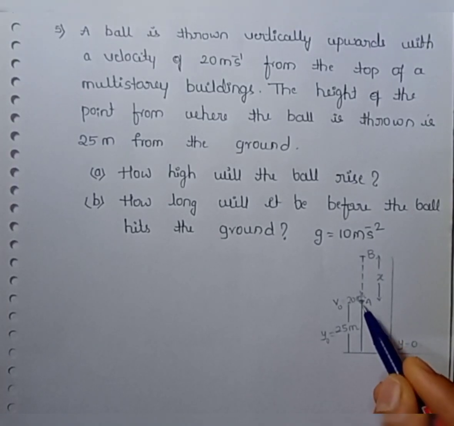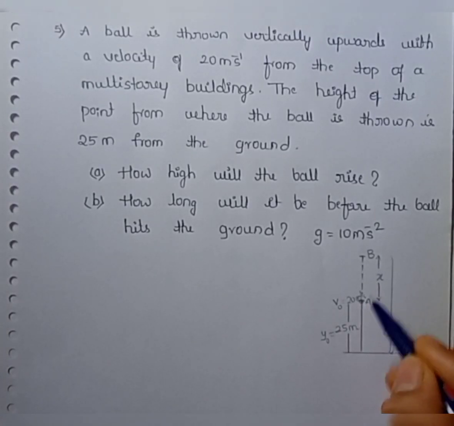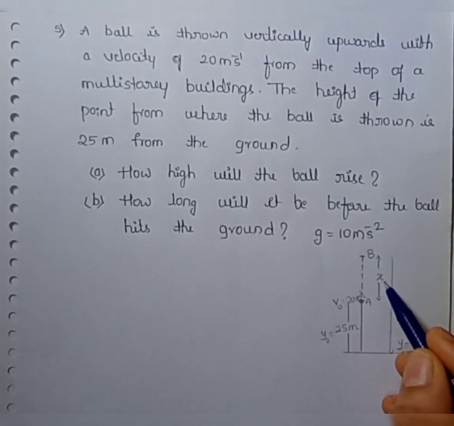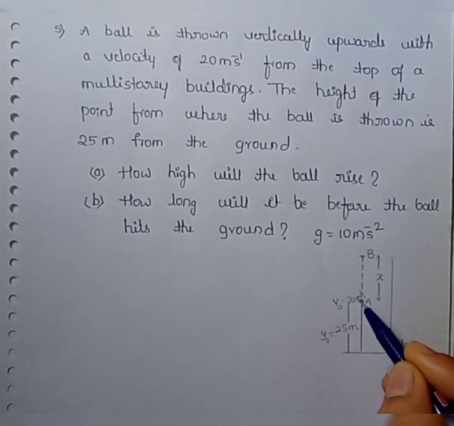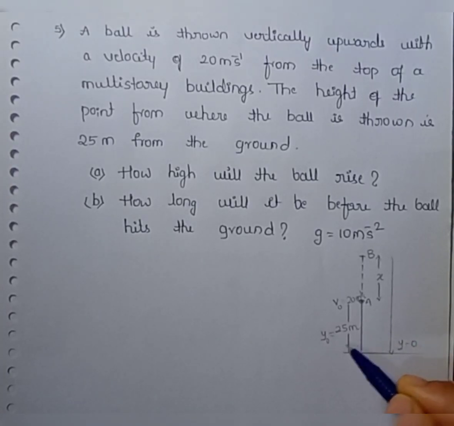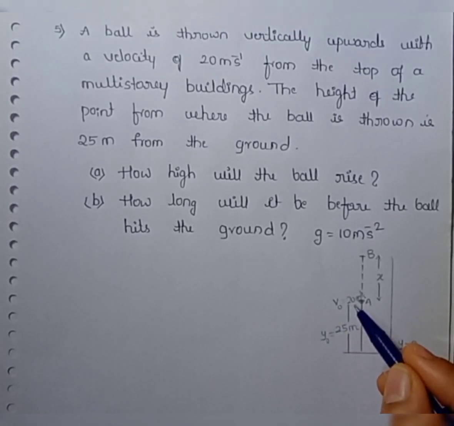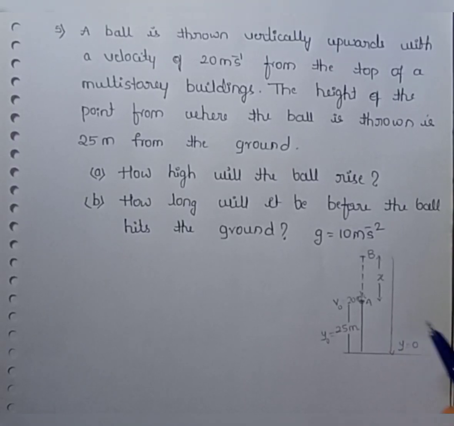So here, a person standing on top of a multi-story building is throwing a ball vertically upward. That one gives the value of x, that is the displacement of the ball from the height of the multi-story building. The height of that multi-story building is 25 meter. That one we can take as y0, and v0 be the initial velocity of that ball.